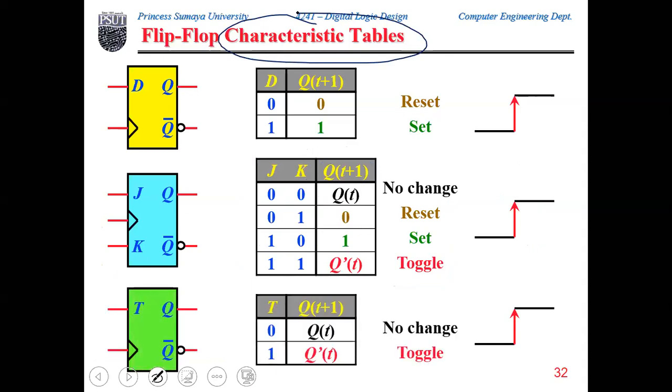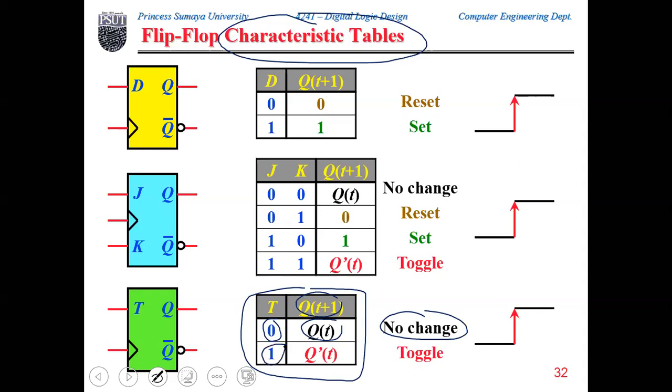For the last type of flip-flop, which is the T flip-flop, this is the characteristic table, or the table that characterizes the operation of the flip-flop, and it is very simple. Basically, two operations are supported. When T is 0, the new value is basically the old value. So this is a no change or a hold operation.